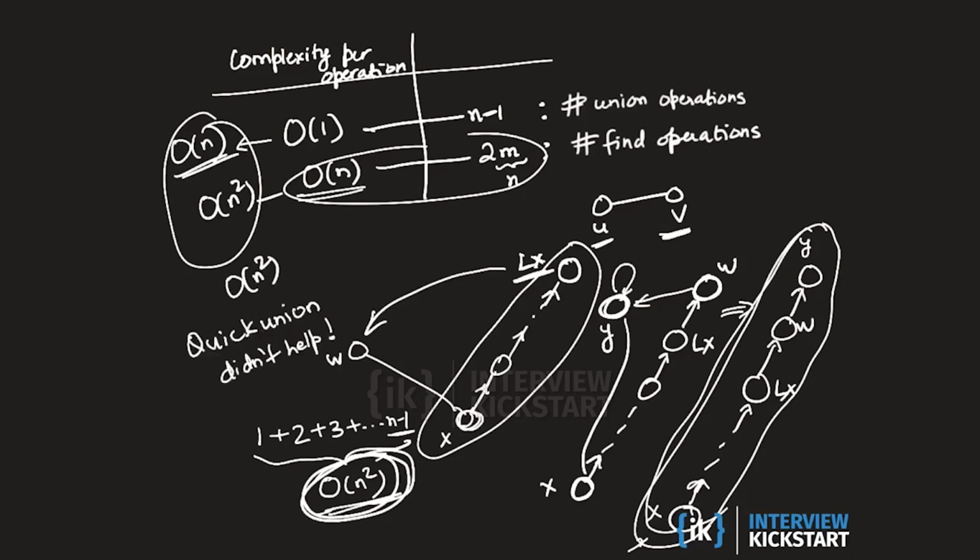So it looks like doing this quick union didn't help, because even though we managed to improve the speed of the union operation, the speed of find degenerated to order n. And likewise in the quick find method, even though we could do the find operation instantly, we saw that in the worst case the union operation would take order n time.